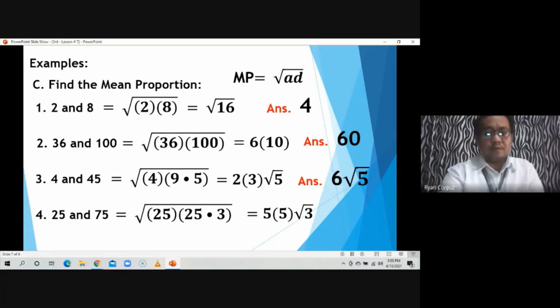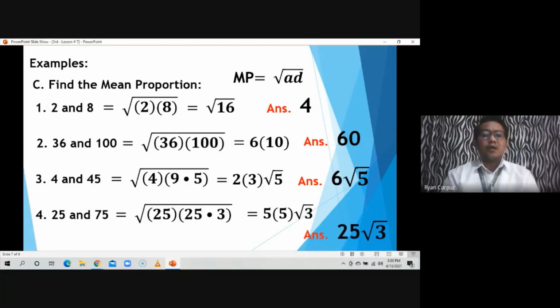So the final answer will be 25 square root of 3. So that's how we answer example number 4, which is about finding the mean proportion of 25 and 75, which is equal to 25 square root of 3. Any questions?